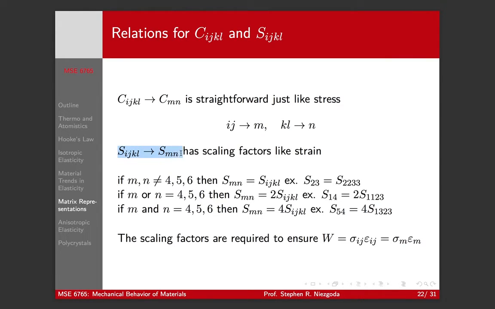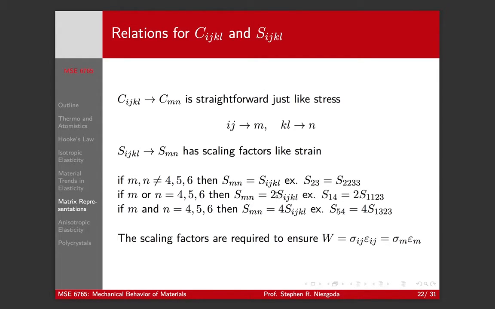For compliance, we have scaling factors, just like the strain. If m and n are not 4, 5, 6, then it behaves just like stress. We don't have any scaling factors. If one of m or n is 4, 5, or 6, then we need a factor of 2 out front.